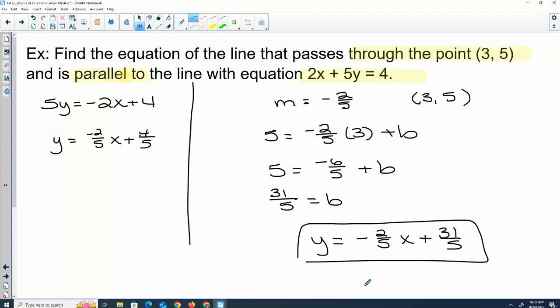Any questions on that one? So 5 is like 25 over 5 plus your 6 over 5.